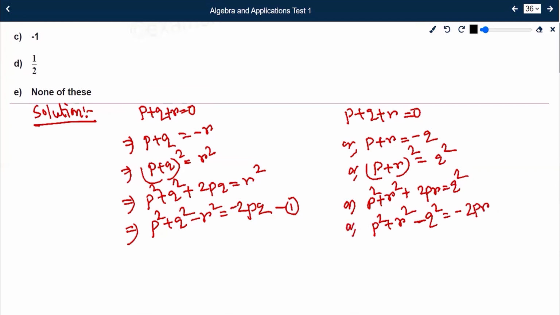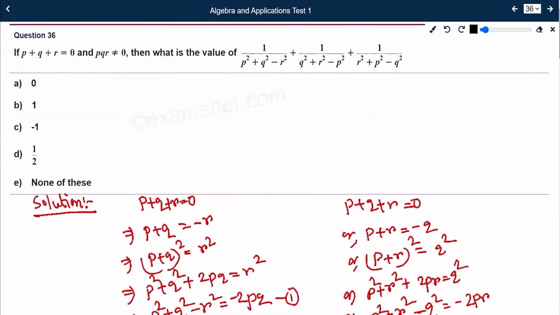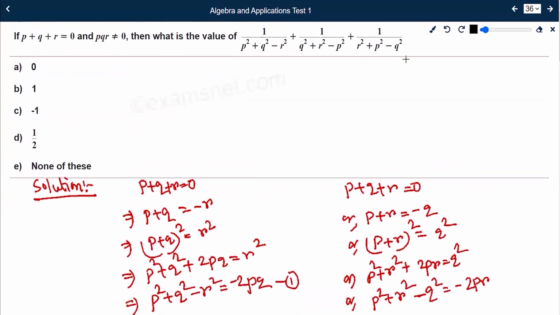So we got the value for the third denominator, for the third expression, p square plus r square minus q square equals minus 2PR, correct?